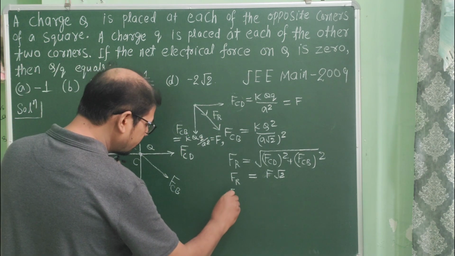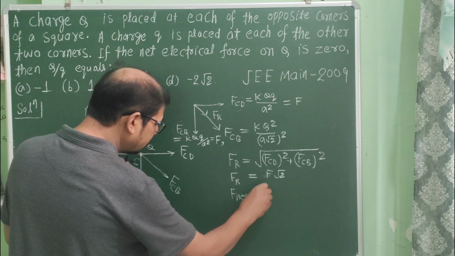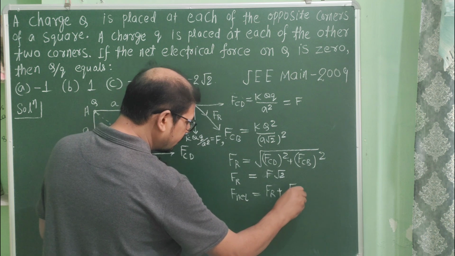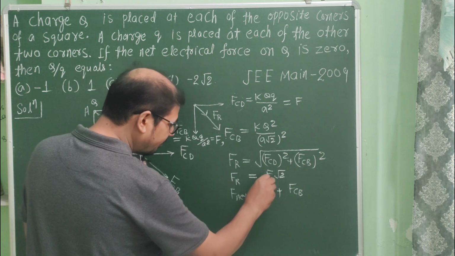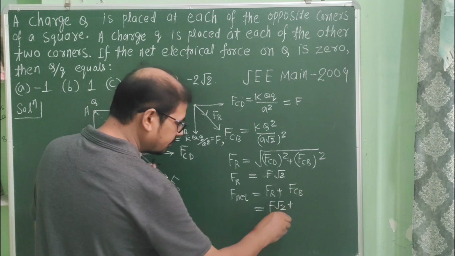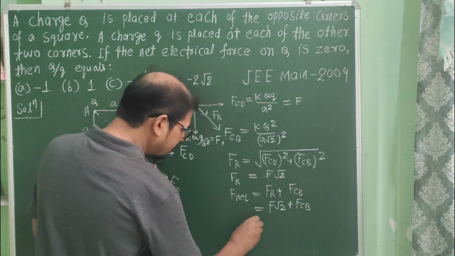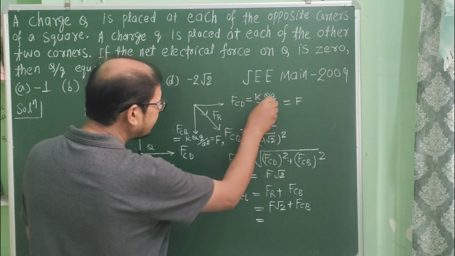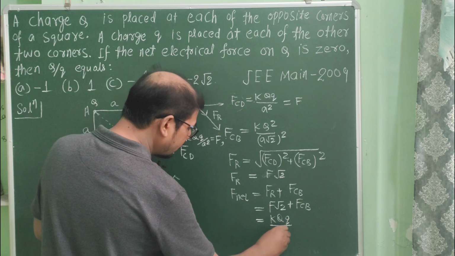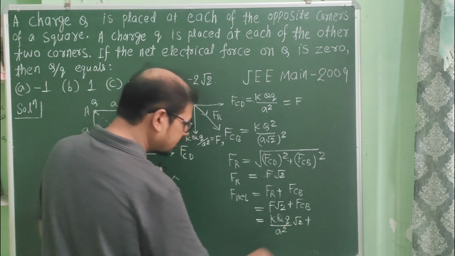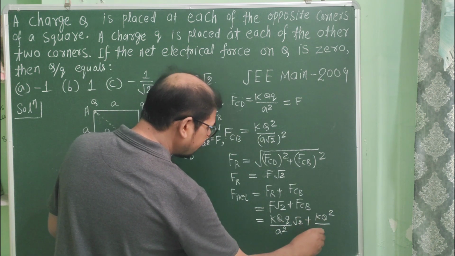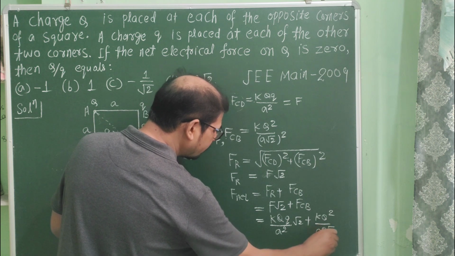So net force F_net is equal to F_R plus F_CB, that is F root 2 plus F_CB. Now, F root 2 means KQq root 2 divided by a square, plus F_CB, K Q square divided by a square root 2.